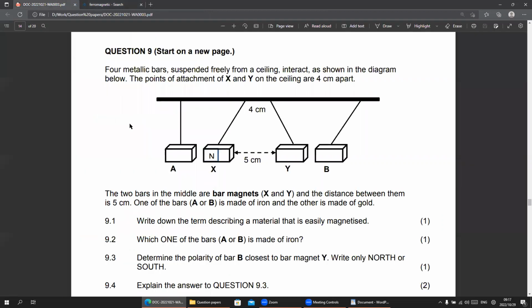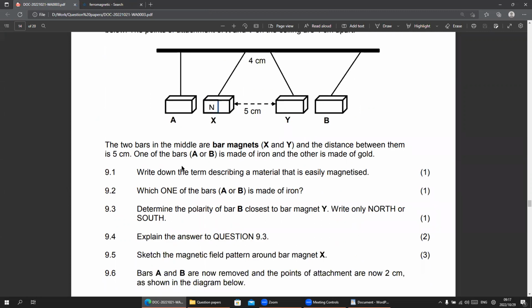So yeah, since it's ferromagnetic, even the definition online describes it as easily magnetized. They say it displays strong magnetic properties. So they say which one of the bars, A or B, is made out of iron.